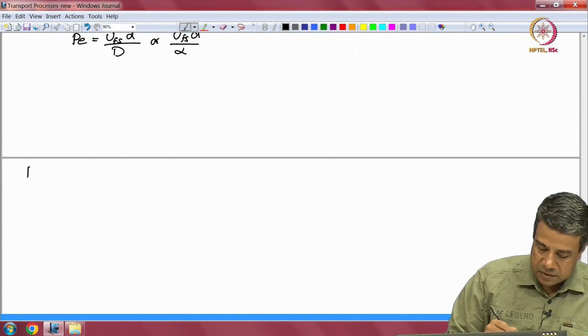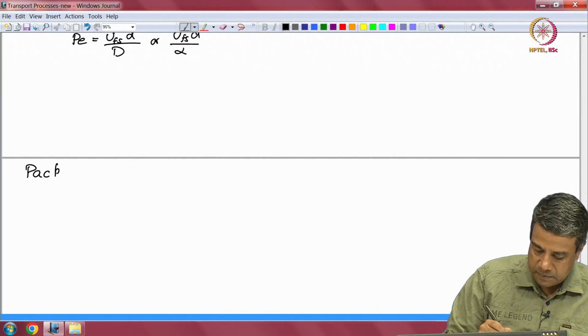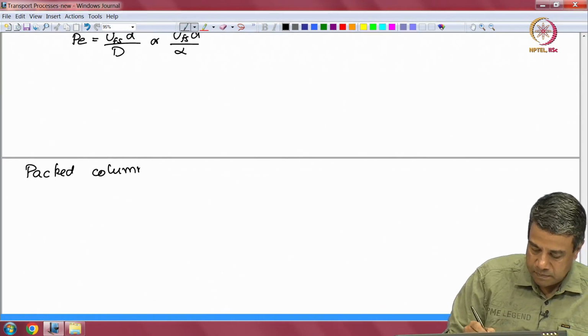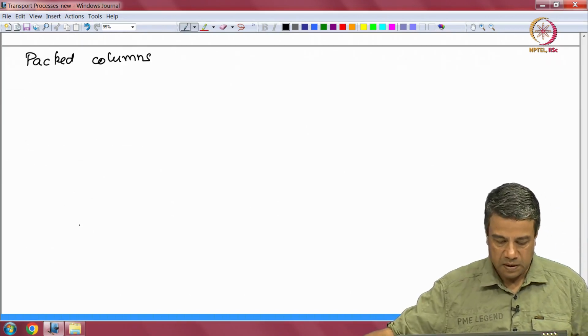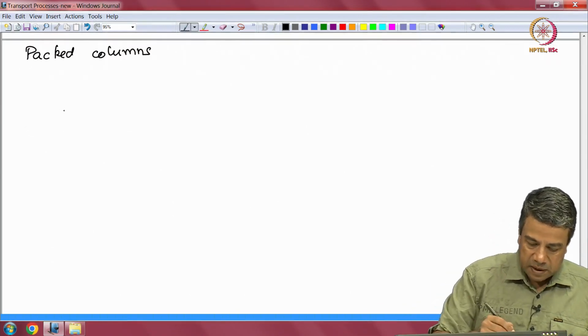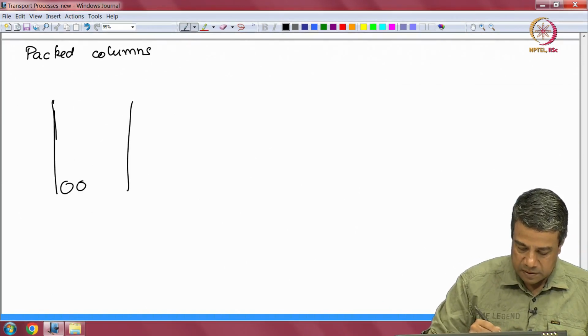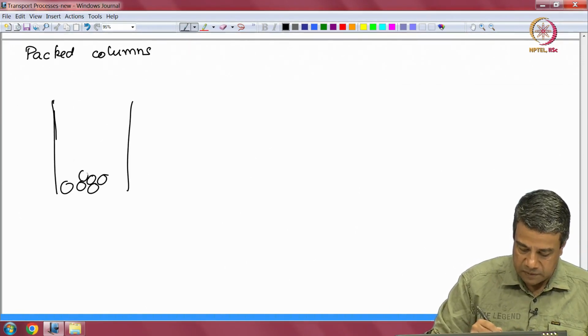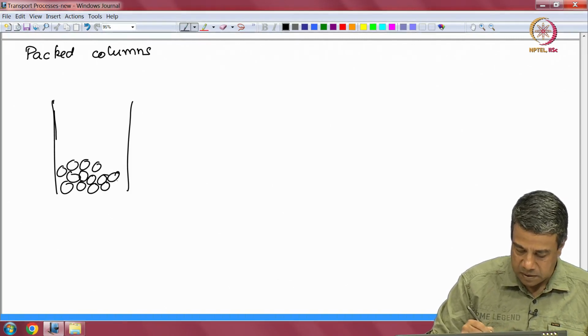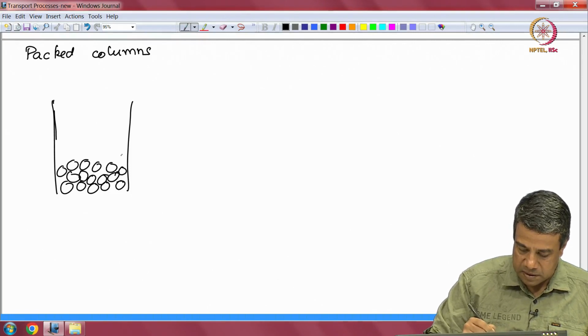Finally, I will discuss correlation for packed columns. A packed column is a column which consists of particles, and the fluid flows through the interstices between these particles, the interstitial spaces.